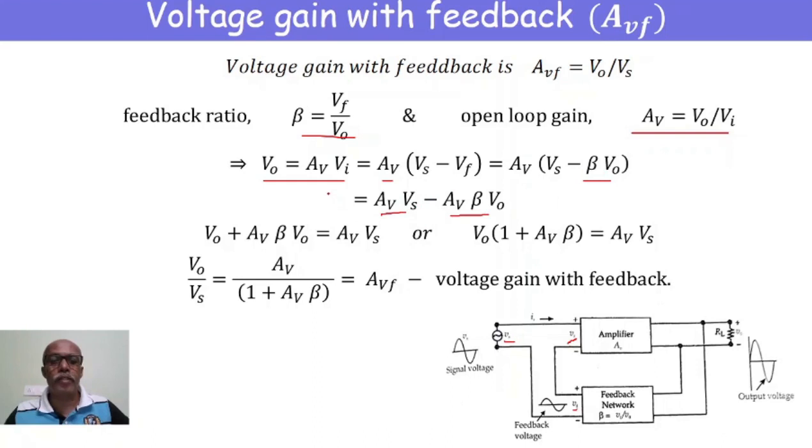Now, on the LHS we have V naught. Therefore, this can be rewritten as V naught plus AV beta V naught, that is equal to AV into Vs. Or taking V naught common, V naught into 1 plus AV beta is equal to AV into Vs. Therefore, V naught divided by Vs, which is AVF, is equal to AV divided by 1 plus AV into beta.